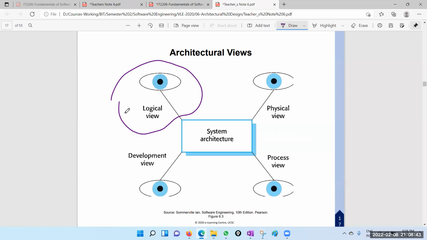Then the technology-specific things, the physical view, because you must have some idea about what technologies you are going to use. For example, if you are going to use Java, you know that Java favors certain architectures. Certain architectures can be best implemented using Java, and some other architectures maybe we can best implement using C# or maybe Python.